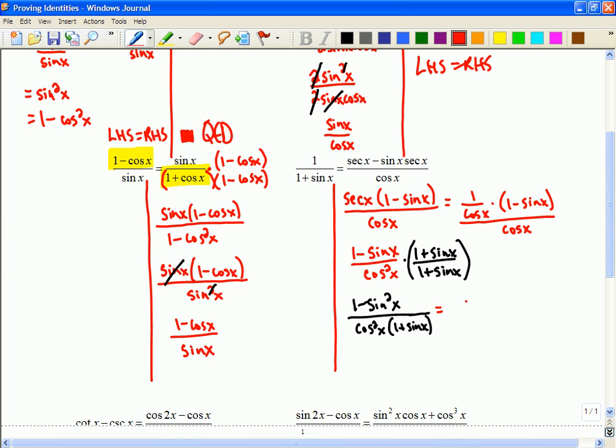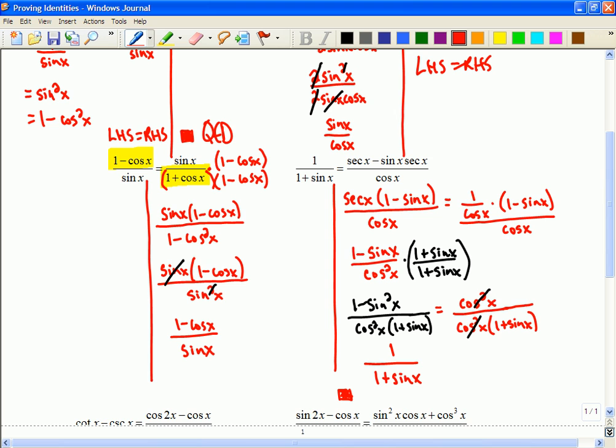So this one I hope you're starting to recognize is cosine squared of x. So these would be gone, and I'm left with 1 over 1 plus the sine of x. So they're both the same.